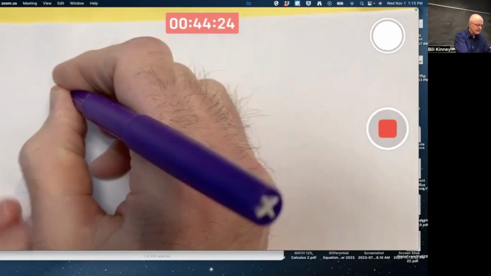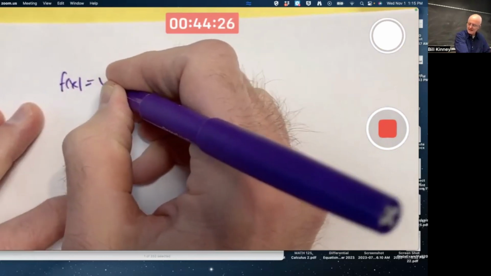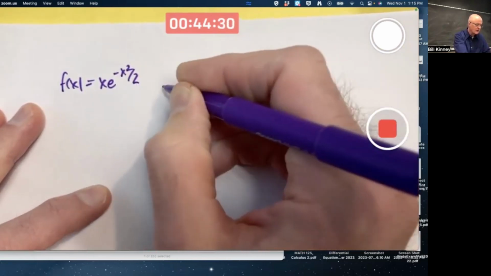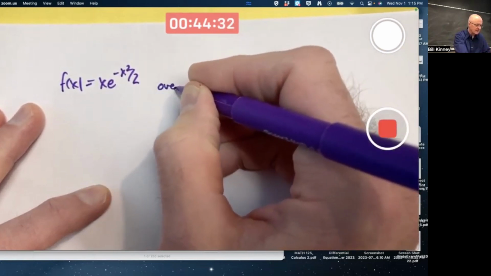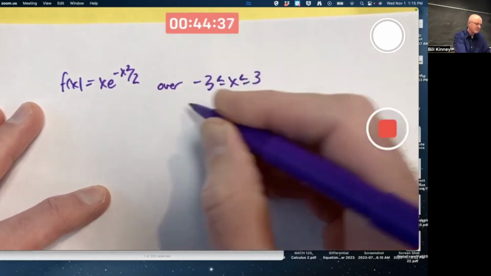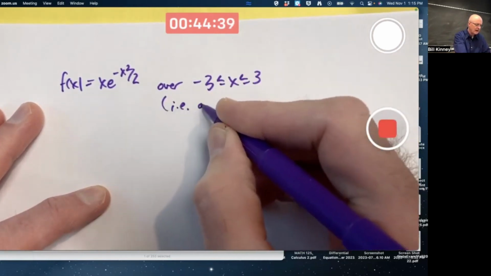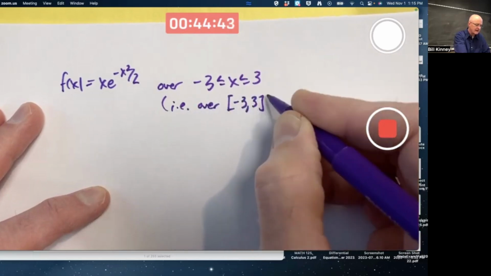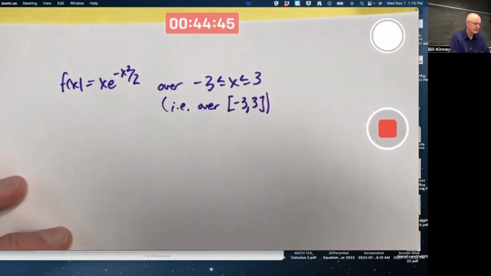Let's next consider the example f of x equals x times e to the -x squared over 2. And I'll pick a different interval than the book does. Once again, you should feel comfortable either with inequality notation or interval notation.